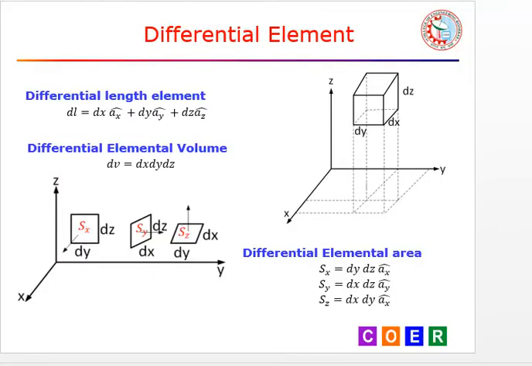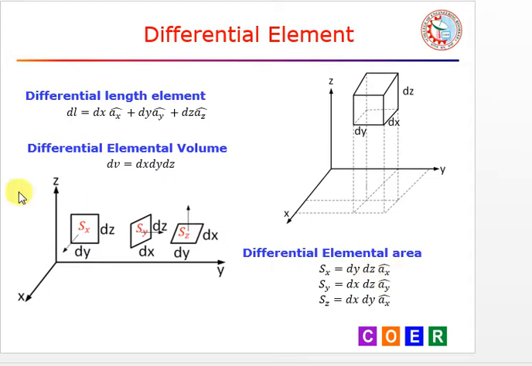In the Cartesian coordinate system, there are three types of surface elemental area. First one is Sx, Sy, Sz. Sx basically represents the differential vector surface area normal to the direction of ax. So here you can see the expression for this: Sx equal to dy dz unit vector ax.